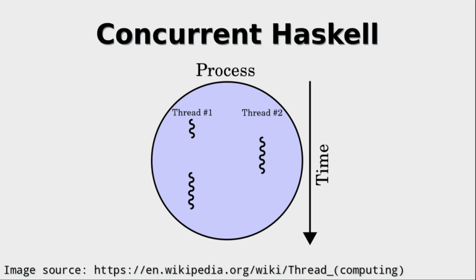In Concurrent Haskell, we have a runtime system that is managed by itself, and the threads running in it are also managed by the system. So in the end, Haskell might only use 2 of your cores, but it runs 1,000 threads within its runtime system.